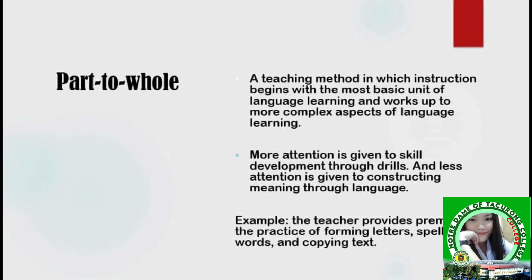More attention is given to skill development through drills and less attention is given to constructing meaning through language. An example is when the teacher provides practice in forming letters, spelling words, and copying text.